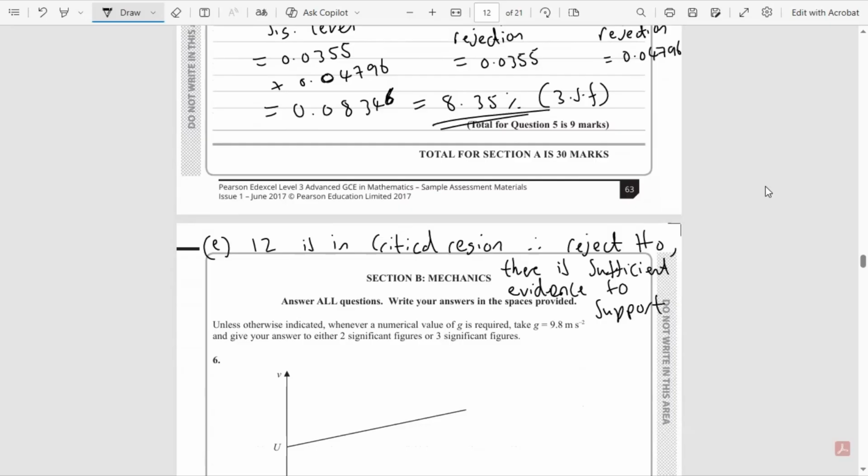H naught said that the proportion was 30%. So with rejecting H naught, there is sufficient evidence to support the manager's claim, his claim that the proportion is different to 30%. Perfect. So that's part E.